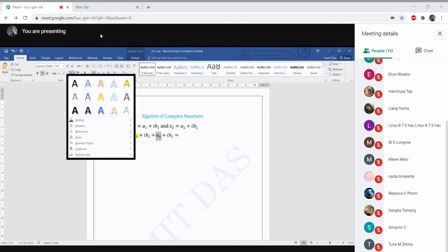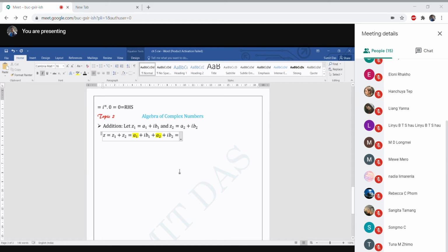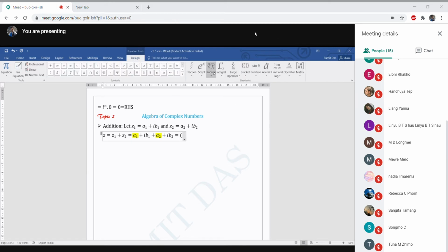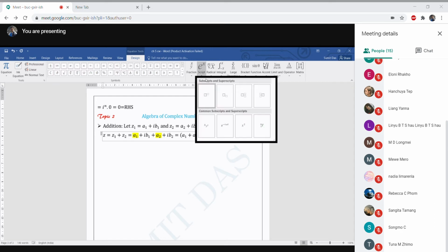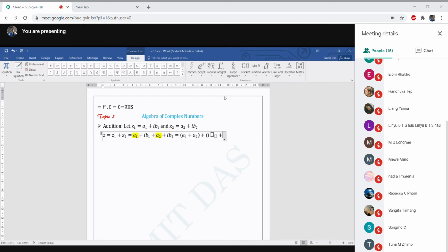Okay, real part will be added with real part, so it will be a1 plus a2, then plus i b1 plus i b2. Okay. So always real part plus real part and imaginary part plus imaginary part.